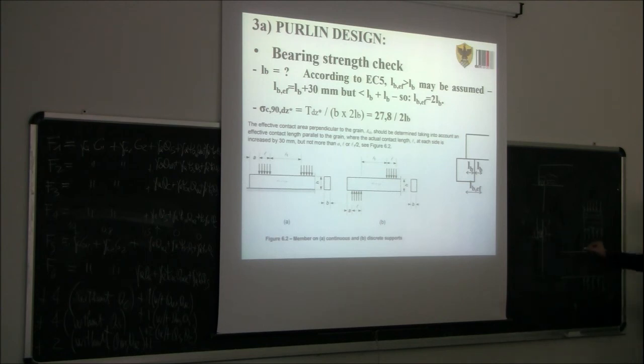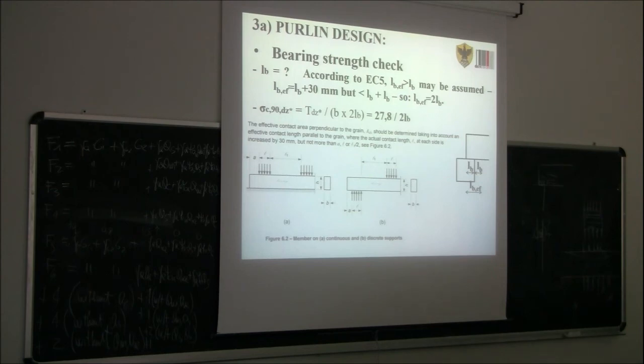So in this case, when you push down, you have also the contribution to push down this. You need also to pull down those fibers here. When instead here you need just to pull down the fiber there underneath. So the two loading scenarios are quite different. So for this reason, the regulation says that here we can consider also a bearing length twice as much as the actual supporting length.